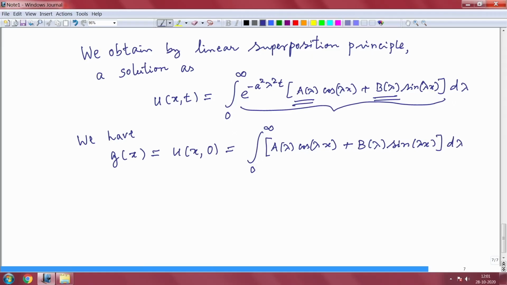Okay. So g is expressed as an integral with these unknowns a lambda and b lambda. Again, those of you who are familiar with the Fourier cosine formula and Fourier sine formula see that a lambda can be obtained by the inverse Fourier cosine formula for g, and b lambda by the inverse sine formula.